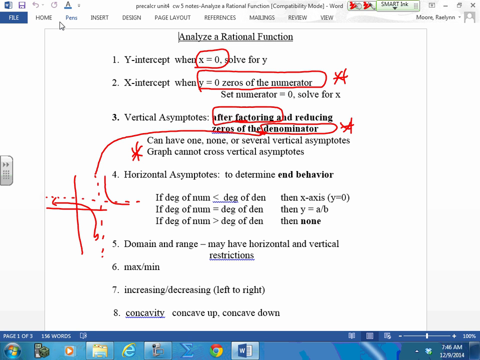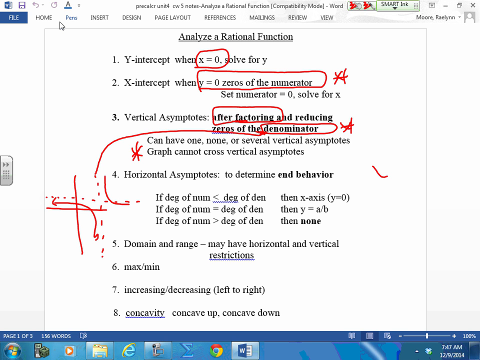In a horizontal asymptote, we have a series of steps to see what our asymptote is. We look at the highest degree in your numerator versus the highest degree in your denominator. We're going to walk through one so that you can totally see it, but I want to go through step by step what you should expect. We're going to check your degree in the numerator.